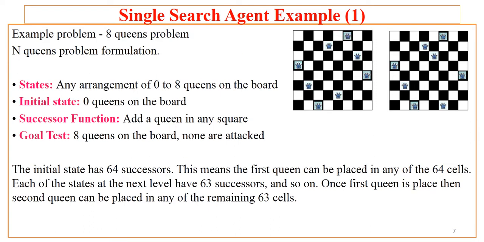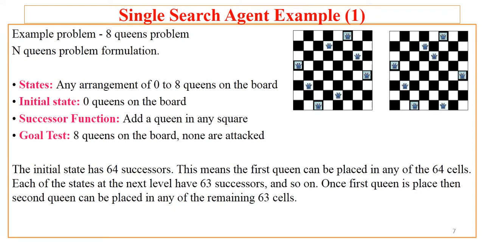Once that first queen is placed properly, the second queen is to be placed. Now we have only 63 squares left, so in those 63 squares we can put our second queen at any place. This way you get different states at each level.